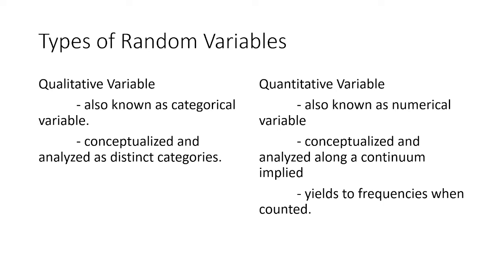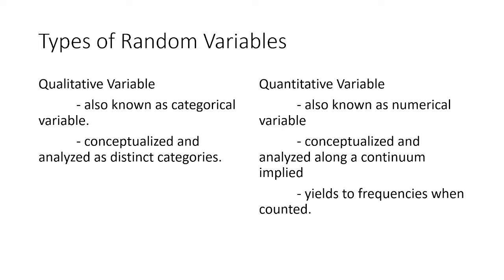So by quantitative and qualitative variables, yun yung kakabanggit ko lang regarding dun sa eye color and dun sa height. When we talk about qualitative, from the word quality, it is also called a categorical variable because it is conceptualized and analyzed as distinct categories.